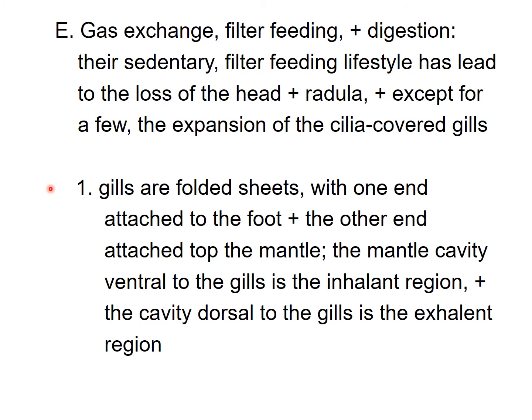The gills have one end attached to the foot and the other end attached to the top of the mantle. And there's a mantle cavity ventral to the gills where water comes in at the posterior end, and that's called the inhalant region. And the cavity dorsal to the gills at the posterior end is the exhalant region.